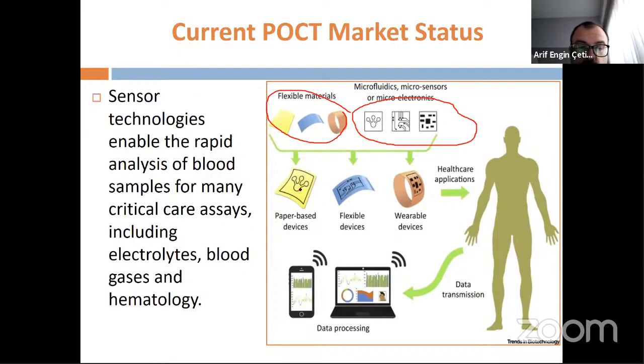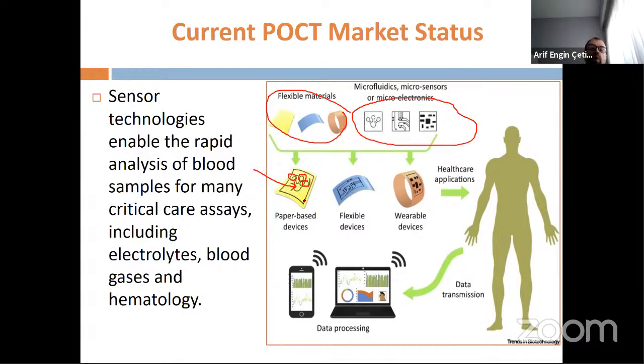So, let's look at this example. You have a blood test and you pipette your blood sample right in the center, and this microfluidic device sends this blood sample to the sensor location where these openings are integrated to the sensor.